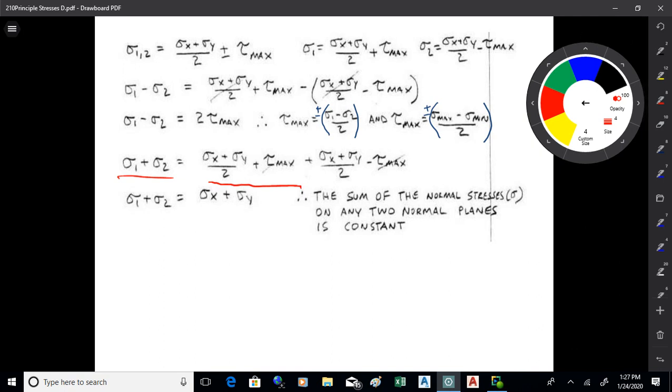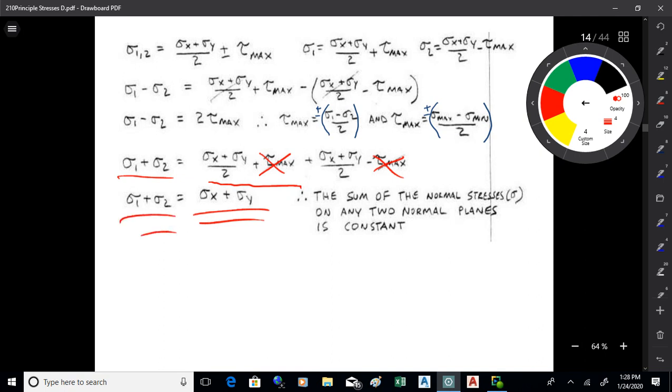And then the other one, sigma 2, you're going to get sigma x plus sigma y over 2 minus either the radical or tau max. Well, you got a plus and a minus. Those just go away. So what you get there is sigma 1 plus sigma 2 is sigma x plus sigma y. Because you're adding sigma x plus sigma y over 2 to sigma x plus sigma y over 2. That just equals sigma x plus sigma y. Okay? So there's that little shortcut equation we use.